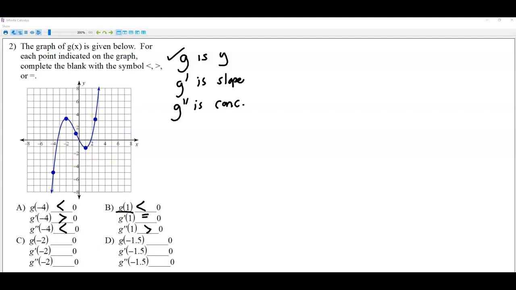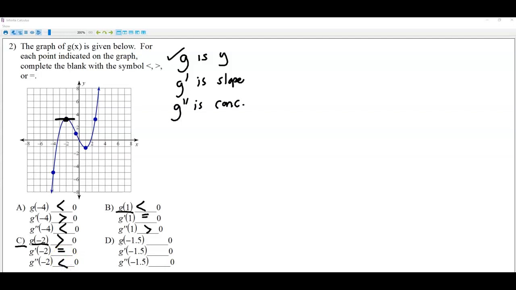Let's take a look at part C. We're at negative 2. So at negative 2, the y value for that point is positive, so greater than 0. The slope is flat there again, so that would be equal to 0. And the concavity is concave down, and so that would be less than 0 for the second derivative.